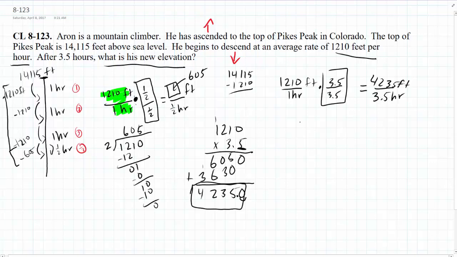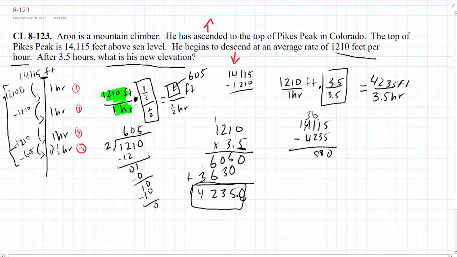So if he started at 14,115 and he went down 4,235, we need to subtract that much. 5 minus 5 is 0. 1 minus 3, we have to borrow, so that's going to be 8. This turns into 0, but we're going to borrow from this 3.